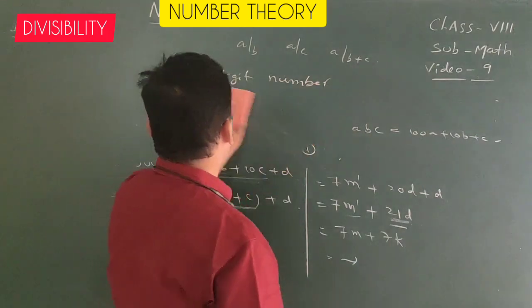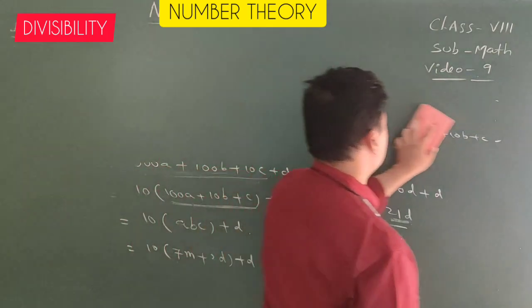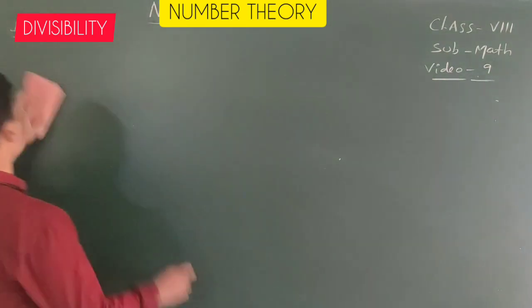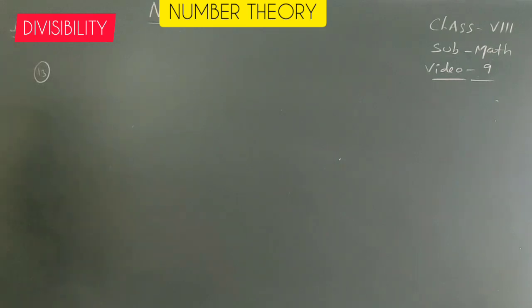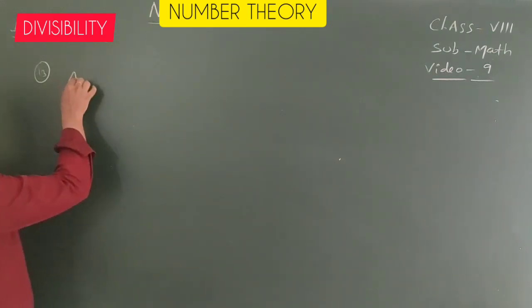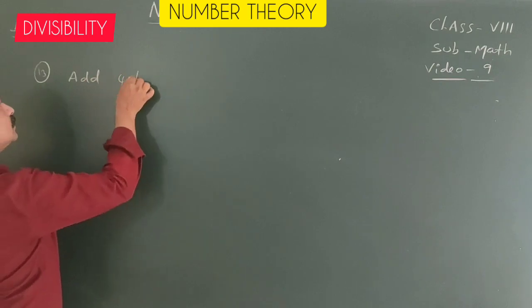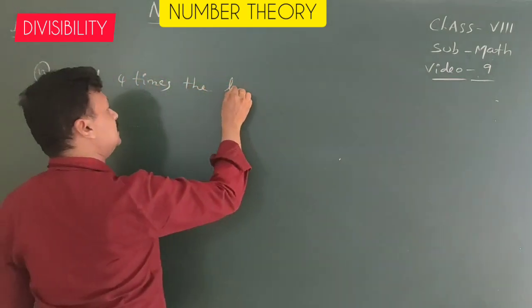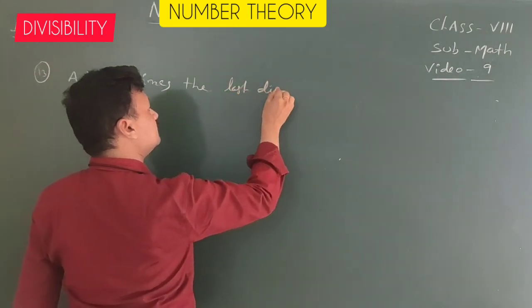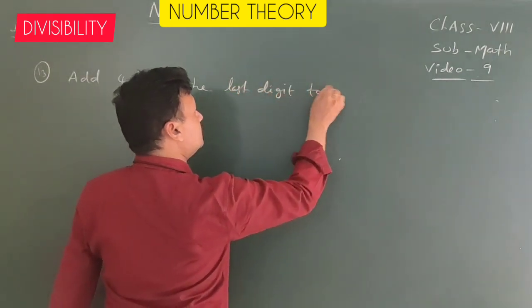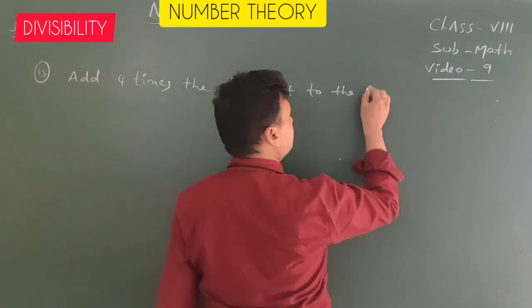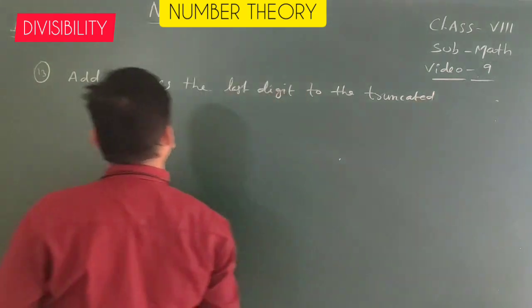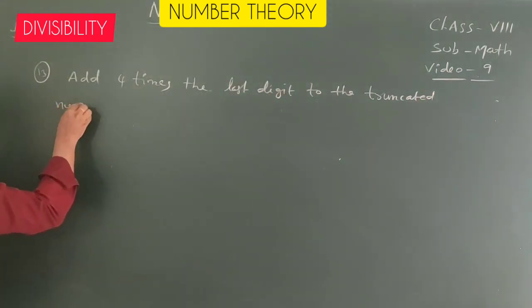Next, divisibility rule for 13. Add 4 times the last digit to the truncated number.